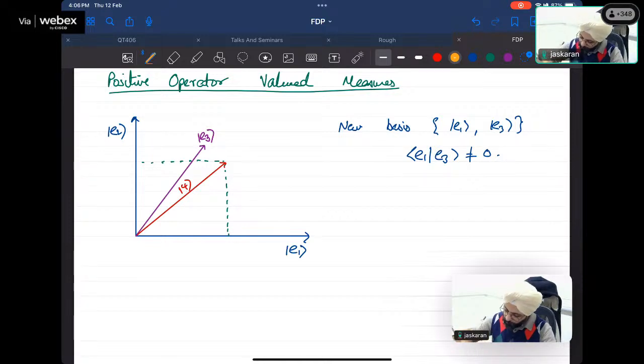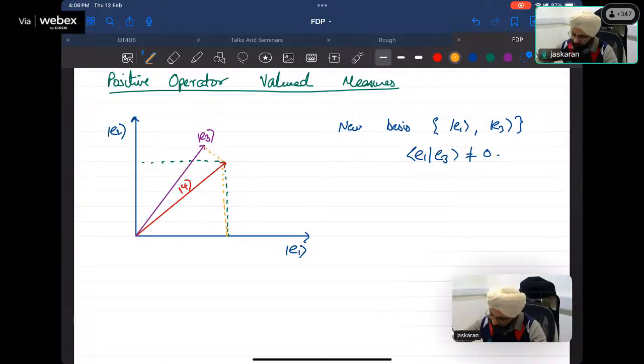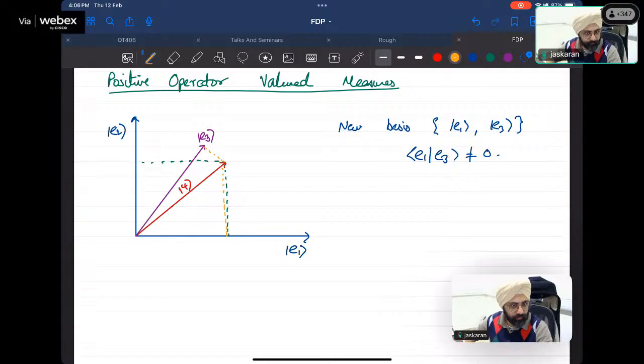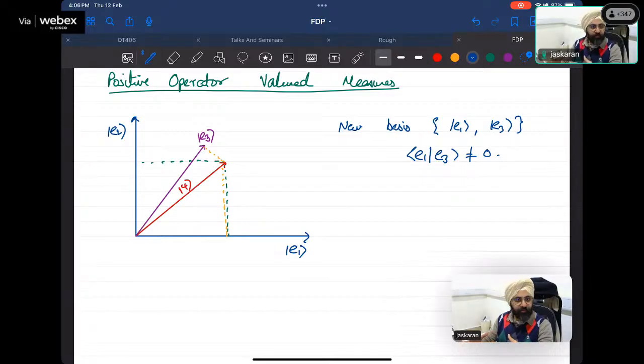What we will do here is again take the projection along E1, and then take a projection along E3, whatever that projection value is. So the concept of the measurement does not change, just that the entire outcomes that we will get will change.